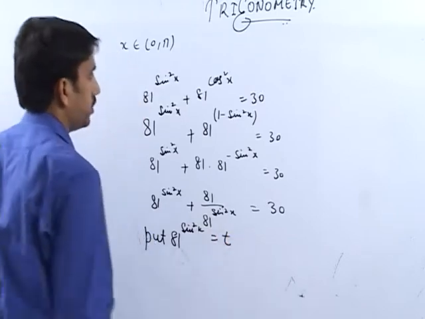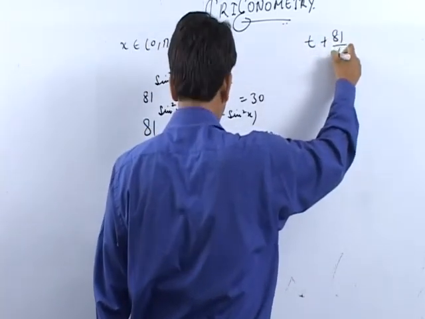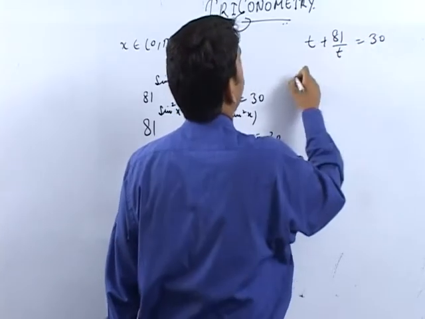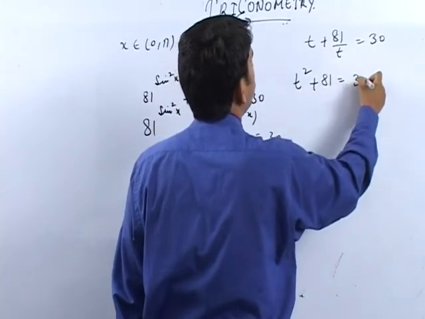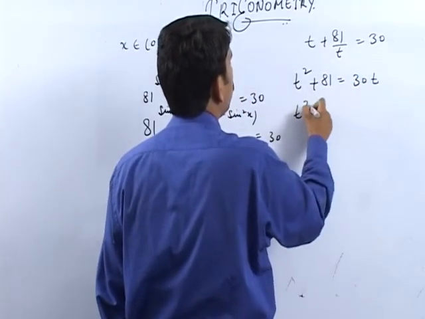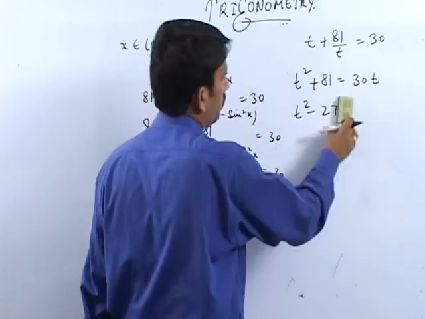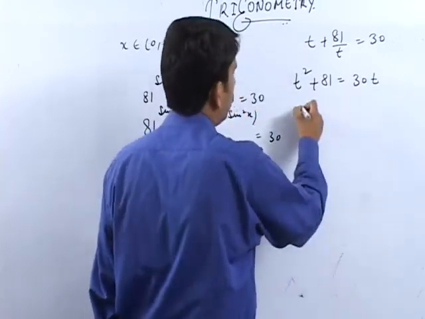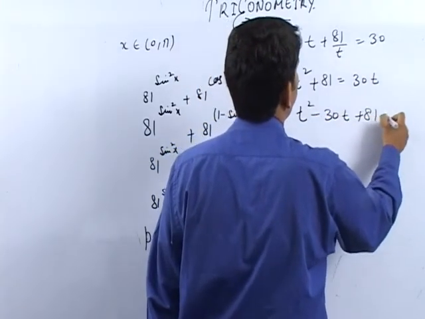Therefore, this will become t plus 81 by t equals 30, or t square plus 81 is equal to 30t. So first of all, you write it directly: t square minus 30t plus 81 is equal to 0.